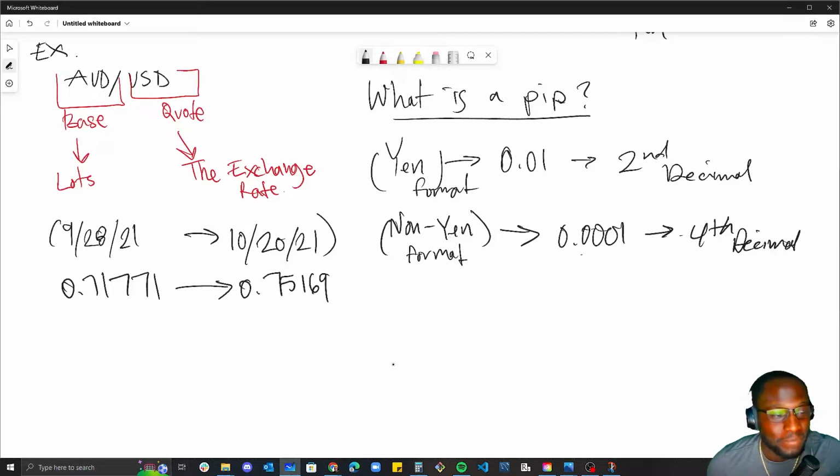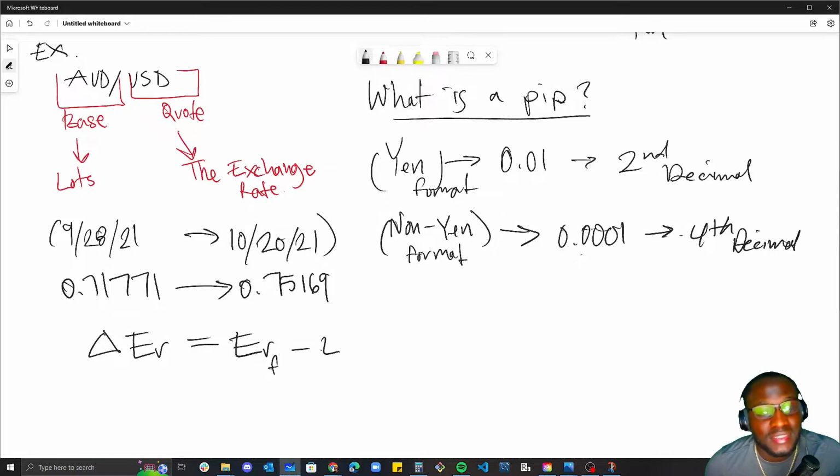So a pip is used as a unit of measure to express the change within an exchange rate, and the change within the exchange rate is an equation, which is ER final minus ER initial.